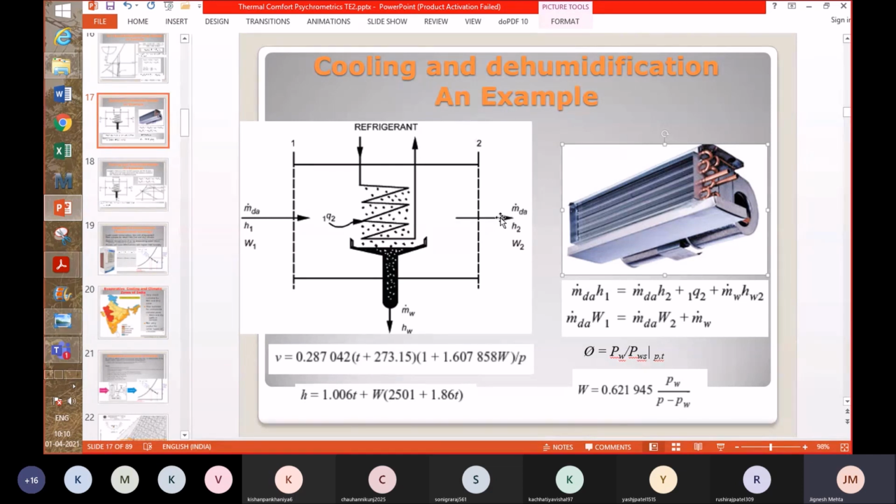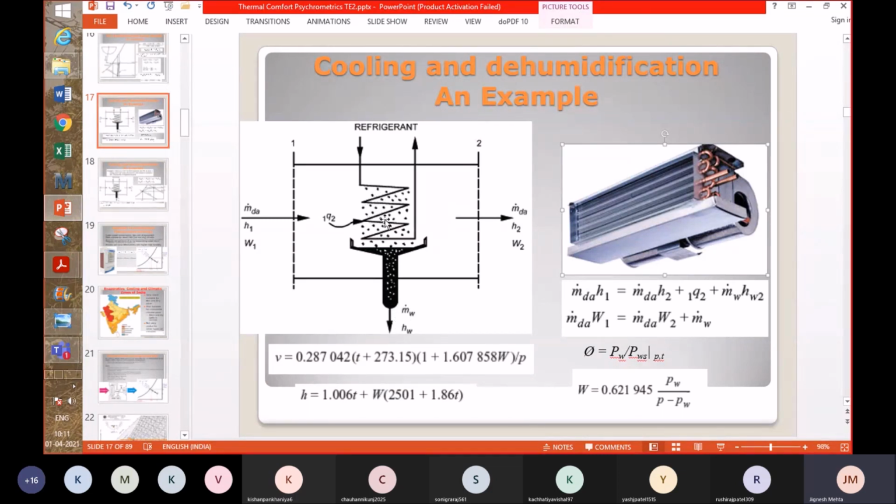And finally the air is coming out, the mass flow rate of dry air remains the same, and the properties are different now. They have changed. The enthalpy must have decreased, and because there is dehumidification, the humidity ratio also must have decreased. The dry bulb temperature would also have decreased. And as you can see here, there is some rate at which water is also coming out from the system, right?